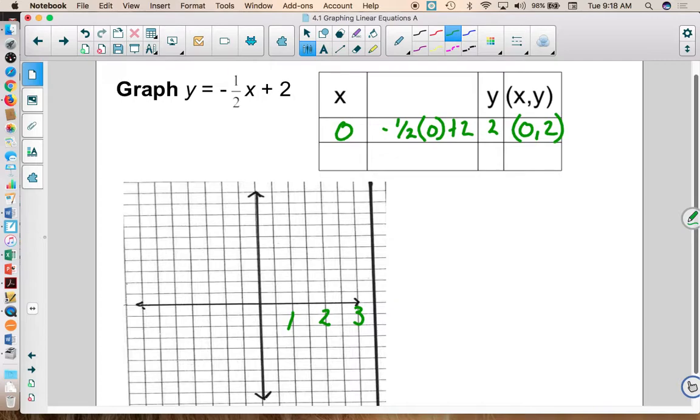Now, if I choose an x value of 1, do I have to work with the -1/2? Yes. What if I chose an x value of 2? Would I have to use the -1/2? No. Because, and Shelby said it, we talked about that reciprocal, -1/2 times 2 over 1, isn't that going to be -1?